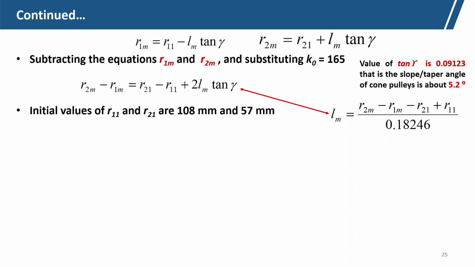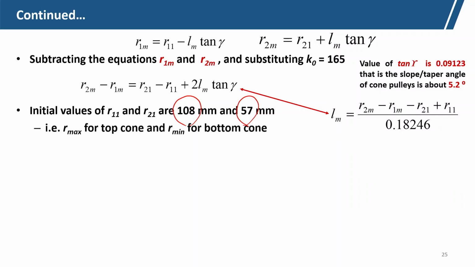Initial values of R11 and R21 are 108 and 57. So, that we are getting the value 165 approximately. Okay. So, R max for top cone and R minimum for bottom cone. So, bottom cone will start at the minimum diameter, this is R minimum and R maximum.